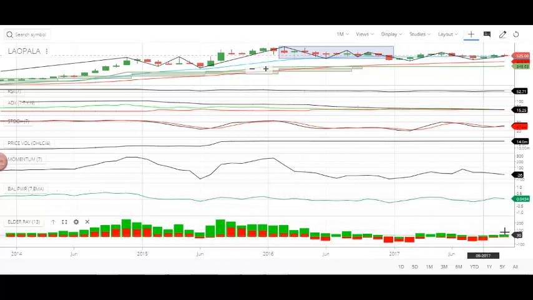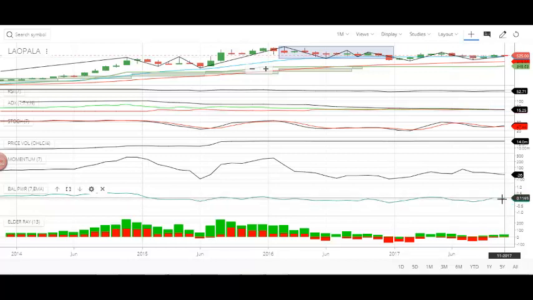Now we will check the Elder Ray indicator, and here we are seeing some sort of contradiction. The green histogram here is 99% green, showing that this is a bullish phase. But here we are seeing the bullish phase is almost over.